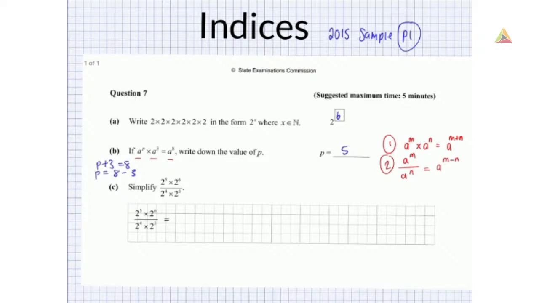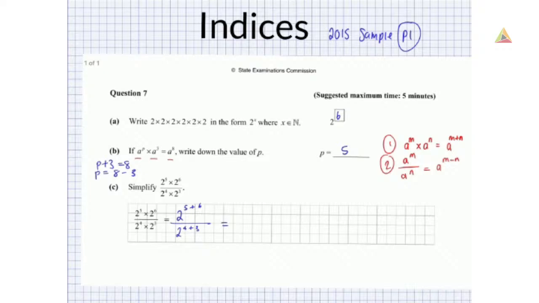So let's do the multiplication bit first. They're all 2's, which means they're all the same base. So 2 to the power of 5 by 2 to the power of 6, we'll write it out properly, is going to be 2 to the power of 5 plus 6 over 2 to the power of 4 by 2 to the power of 3 is going to be 2 to the power of 4 plus 3.